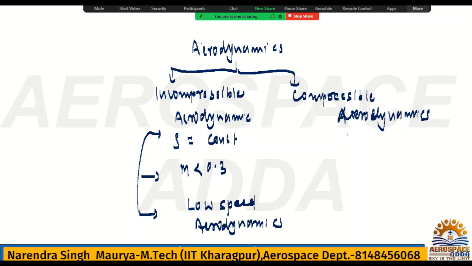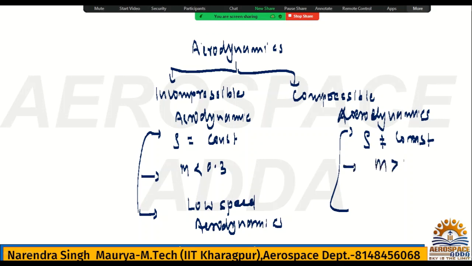Similarly, this is compressible aerodynamics, where the flow is ready to compress, meaning density will not be constant, and Mach number will be greater than 0.3, and it is called high speed aerodynamics. All right.